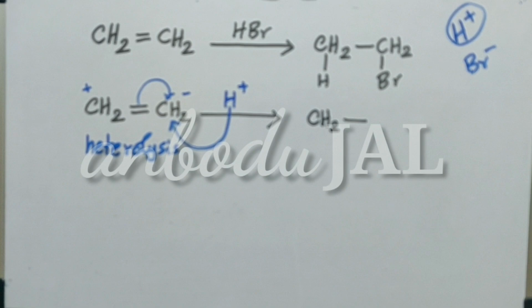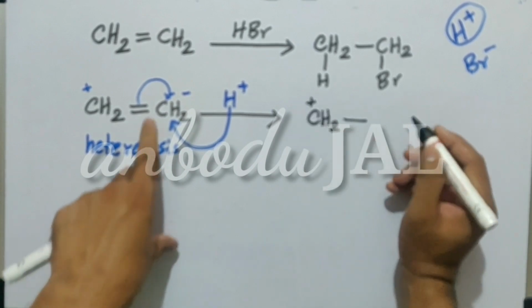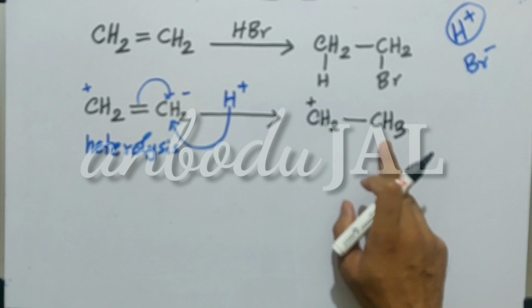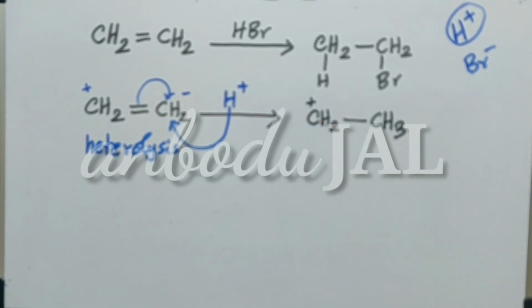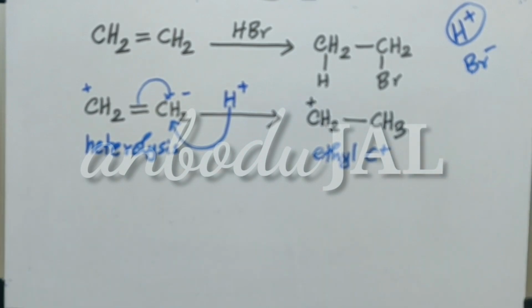So what is the intermediate formed as a result? It becomes CH3CH2 plus. This is the ethyl carbocation, the reaction intermediate in this case.